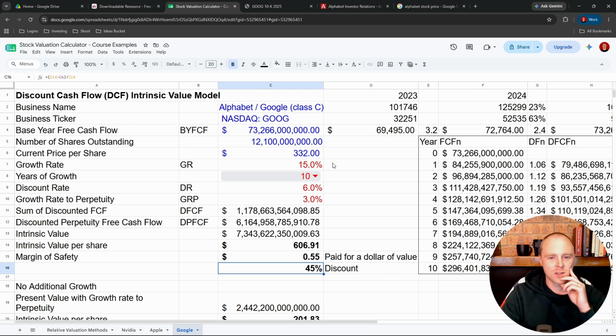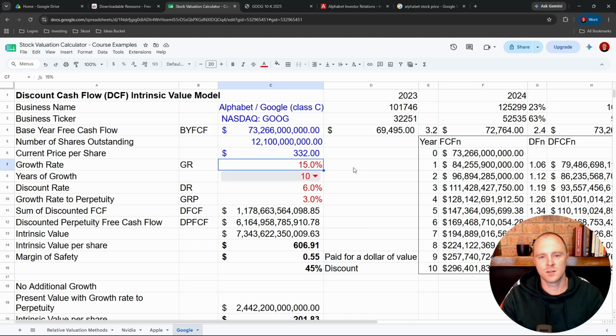Now, it all relies on what the thesis is for AI, and that's why valuation requires having a really good understanding of the business. And this is just a guess at this stage. Is it reasonable and responsible? I kind of think so.